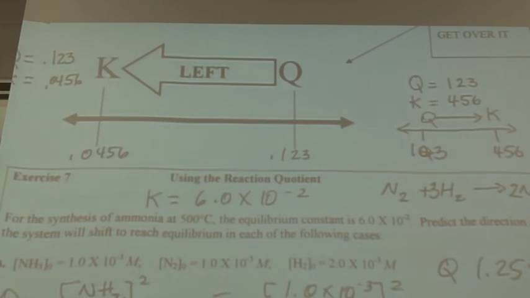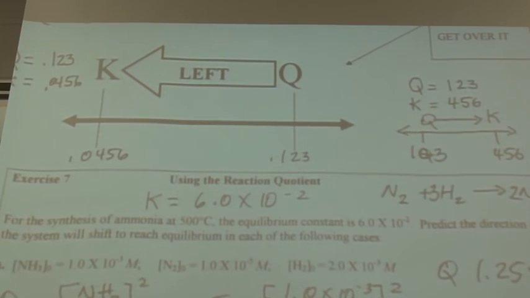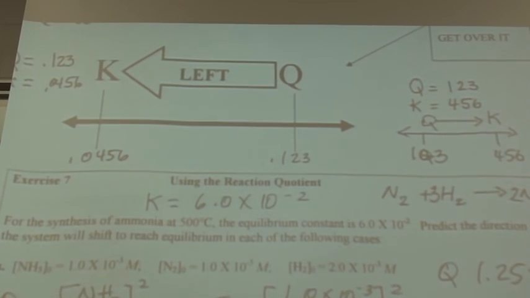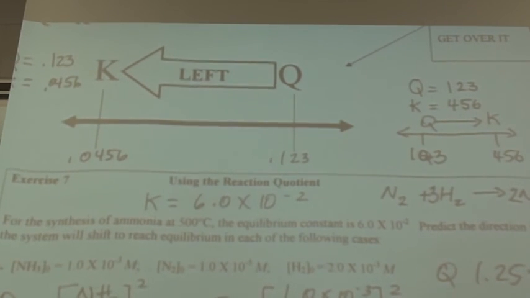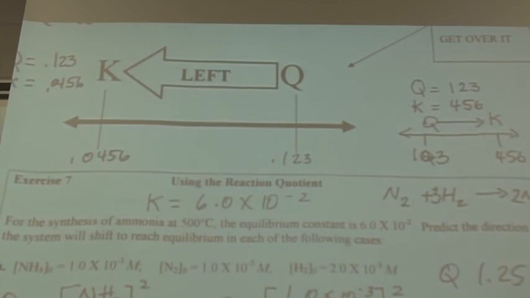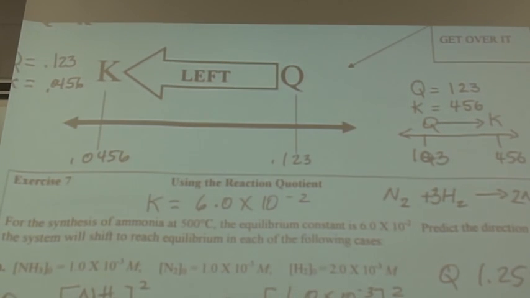Okay. For using the numbers in B, I said that Q is equal to 0.060. That is equal to 6.0 times 10 to the negative second, correct? K equals Q. These are the equilibrium concentrations.